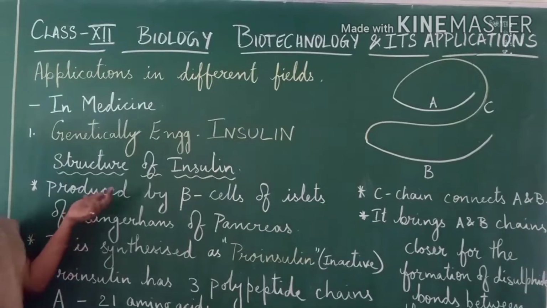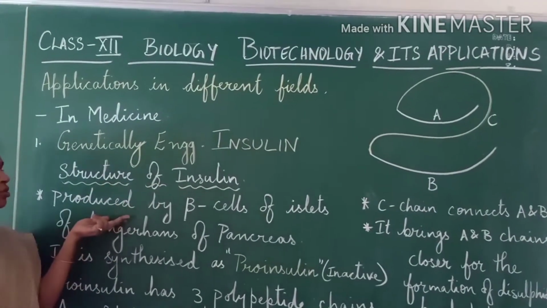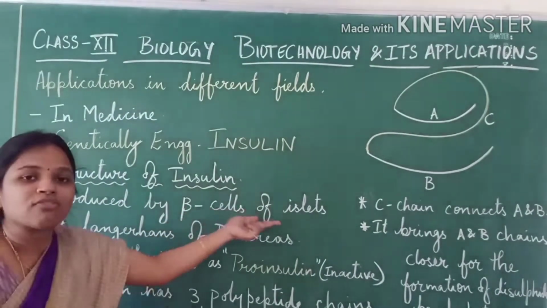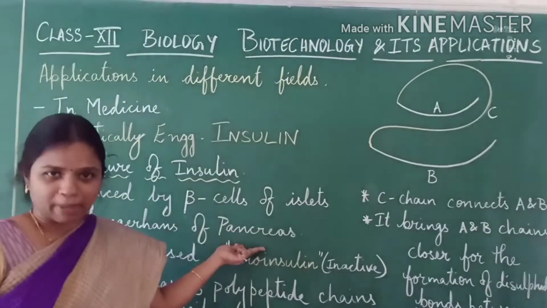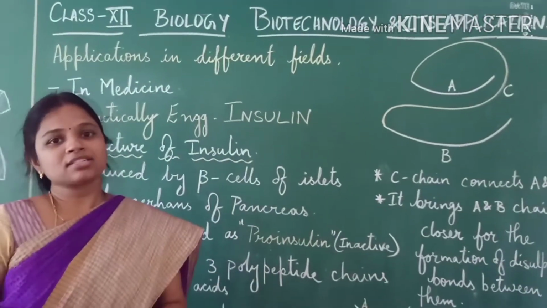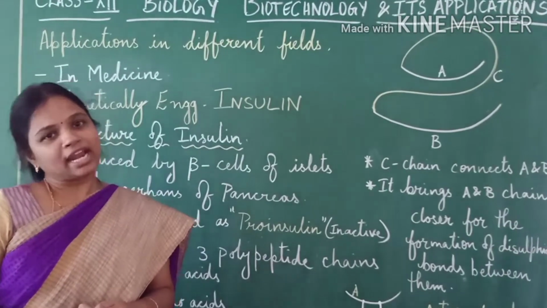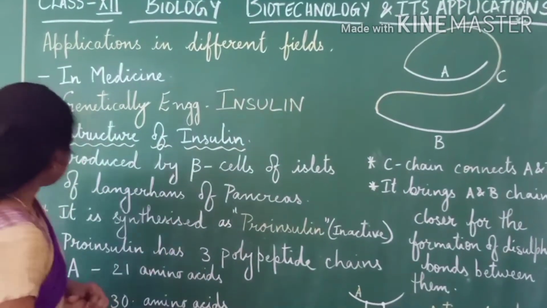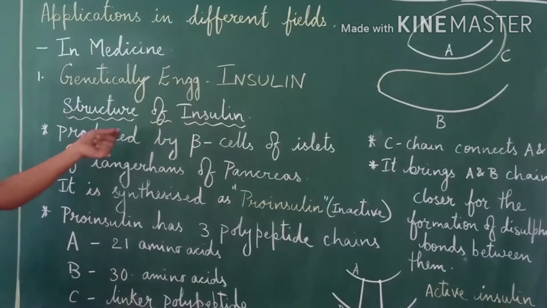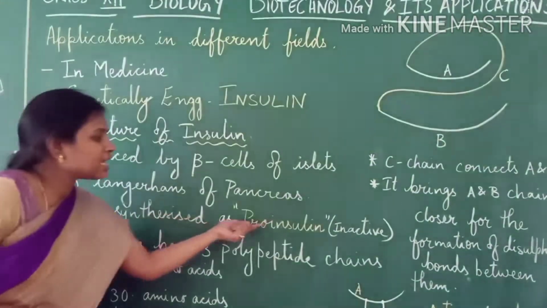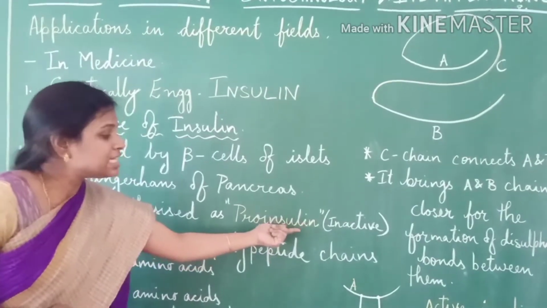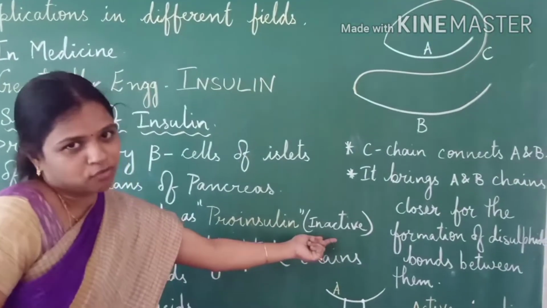In our body, insulin is produced by beta cells of islets of Langerhans, and they are present in the pancreas. We know that the pancreas is both an endocrine and exocrine gland. This insulin which is prepared in the pancreas is synthesized as proinsulin, its inactivated form.